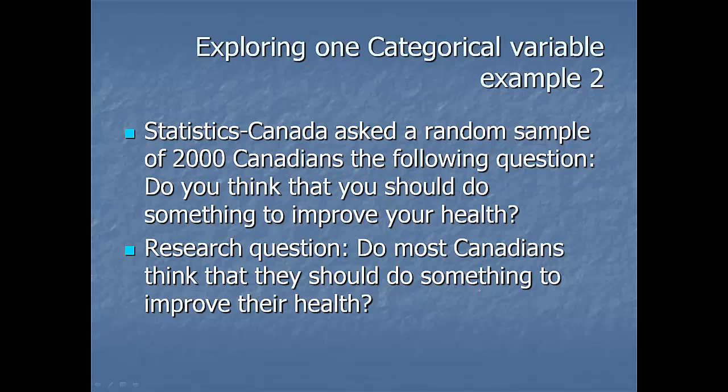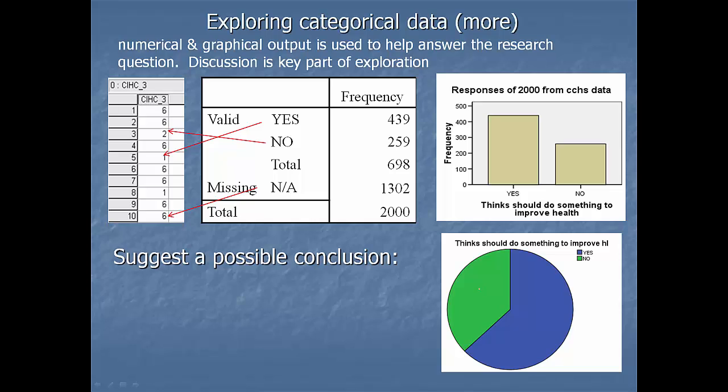Do most Canadians think they should do something to improve their health? This is from an actual data set and another categorical variable. So this is a simple yes or no. In exploration, we try to suggest a possible conclusion, but really we're just exploring the data and trying to get a sense of frequencies, in this case, what the bars will look like, and we can see most people said yes.